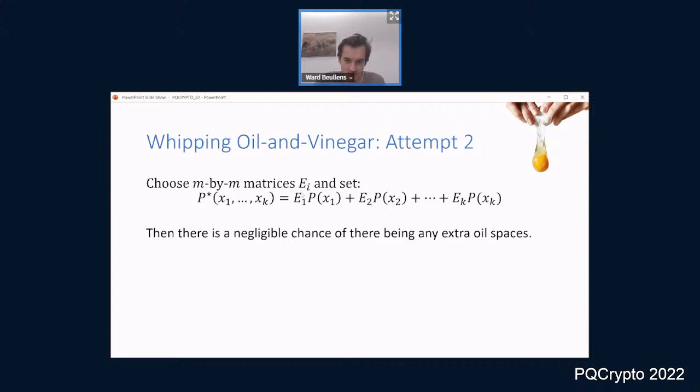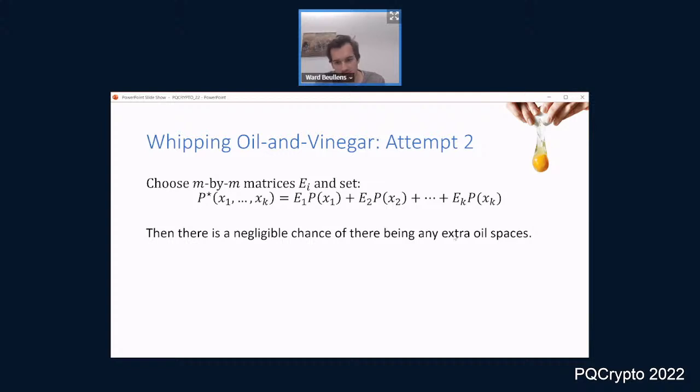We pick k matrices, and we define this P star map as E1 times P of x1 plus ... up to Ek times P of xk. If you do this, you can analyze it, and the chance of having an extra oil space is negligibly small. So this solves one problem.